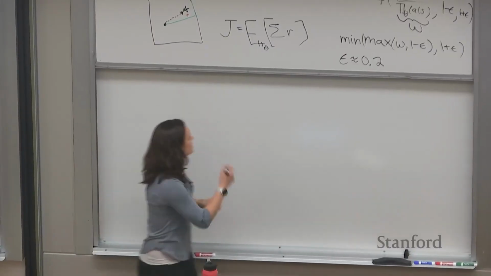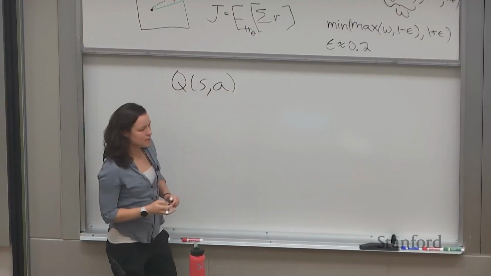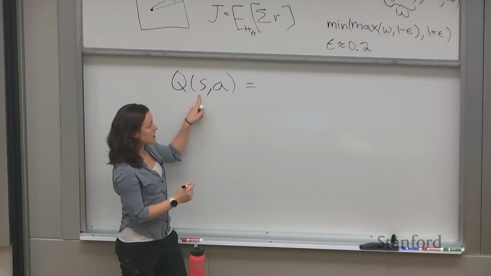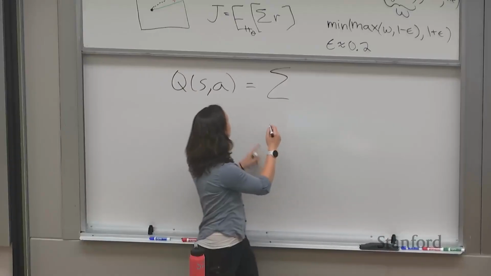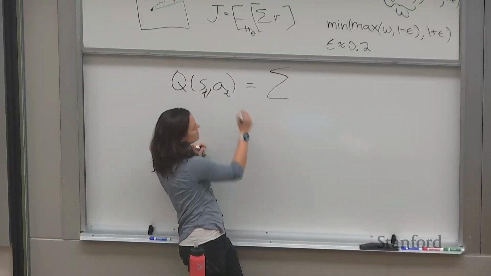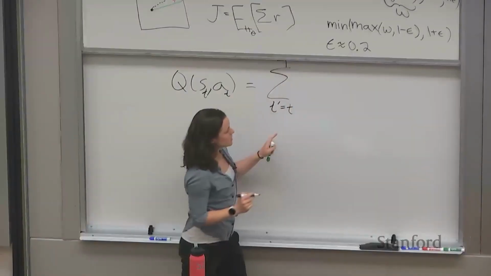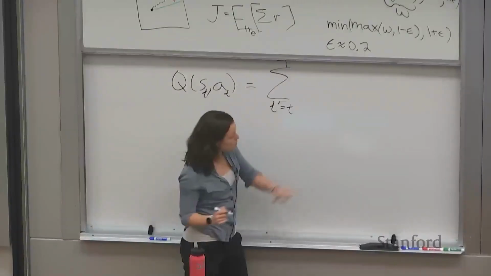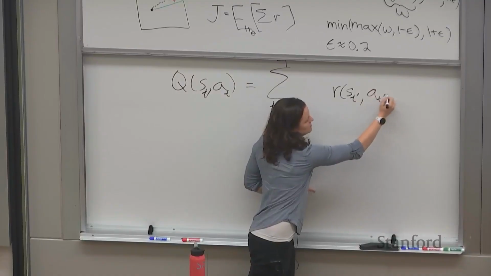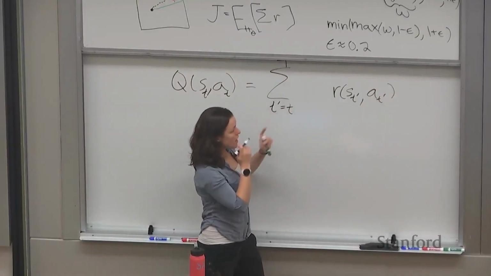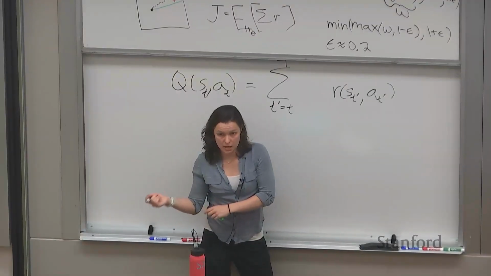We can remember that the Q function is very similar to the value function, but it's the sum of rewards if we start at S and take action A. So you can think of it as, say this is ST and AT, the sum of time steps starting at T through the end of the trajectory of the reward, R of ST prime, AT prime, under the expectation that we're running our policies after taking state ST and action AT.